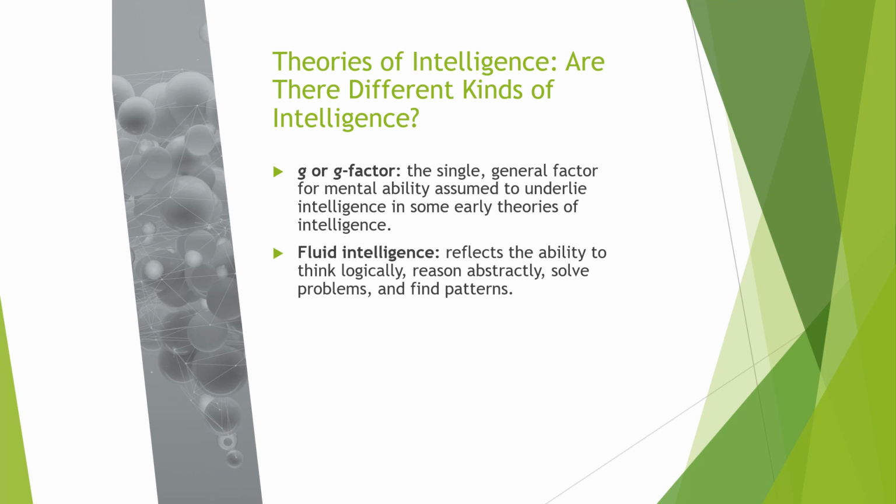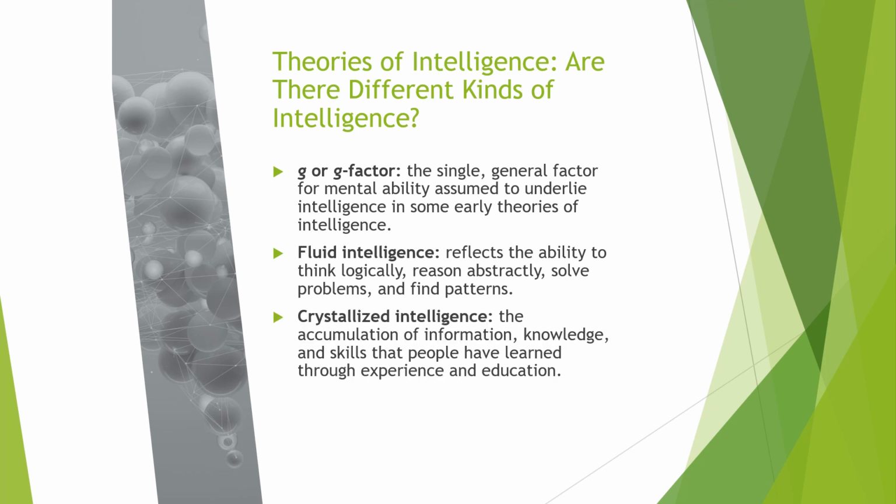All right, so the other type besides fluid intelligence is crystallized intelligence. And this is your accumulation of information and knowledge and skills that you have learned across your lifetime through both experience and through education. And so with crystallized intelligence, you tend to think of people that are older, more so into their adulthood, because you're looking at the knowledge that they have accumulated within their lifetime.